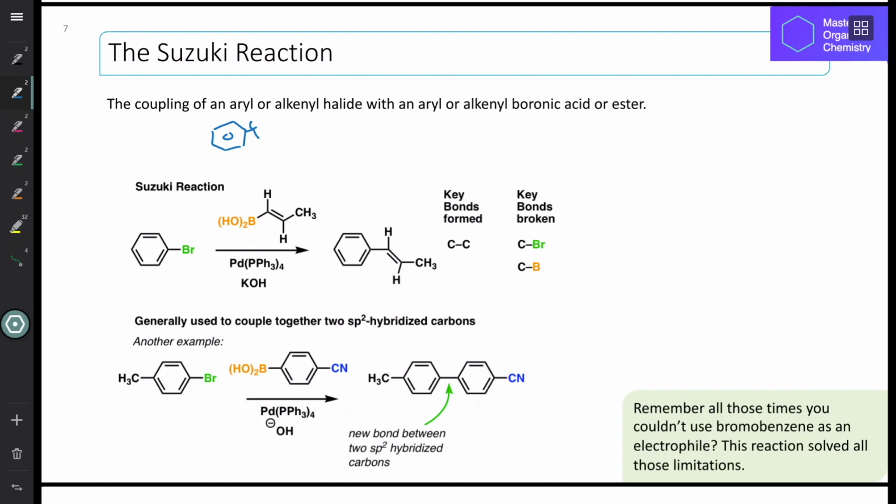So this does work with other aromatic groups, and alkenyl is off of an alkene, right? So it's a coupling of either those kinds of groups to, same thing, an aryl or alkenyl boronic acid or ester. So you need to put in this boronic group first for this reaction to go.